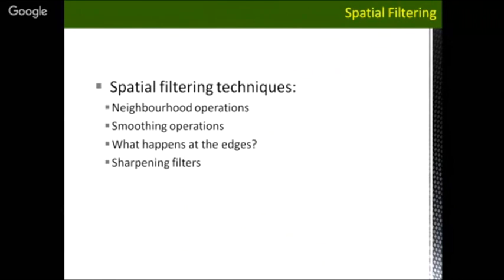Okay, coming back, in fact, this is the right place to have spatial filtering. So now we have spatial filtering again, wherein we depend on the output of the image based not just on the current input, but on the neighborhoods. Like you have IIR filtering, FIR filtering in signal processing.